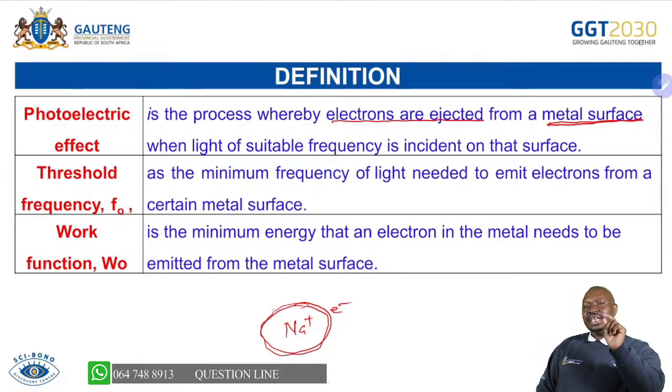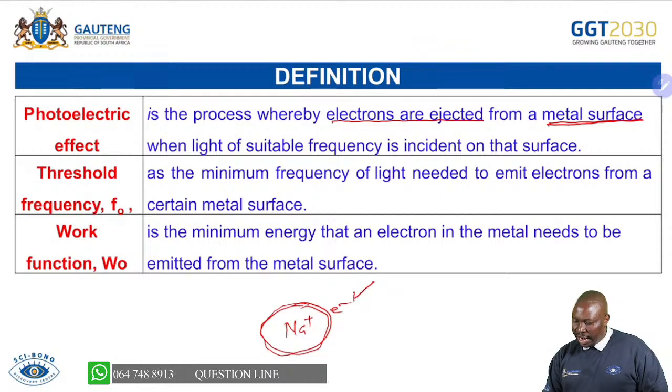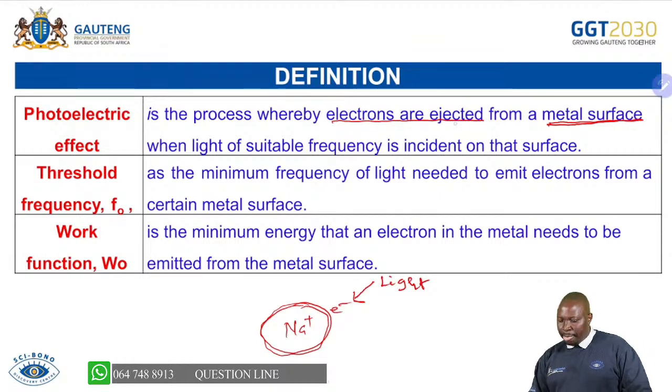So we're going to look at the effect of bringing in light here. When light is shone onto these electrons in the metal surface, the electrons are removed, because we are saying electrons are ejected. What is photoelectric? It's a process whereby electrons are removed from a metal surface when light of suitable frequency is incident on that surface.